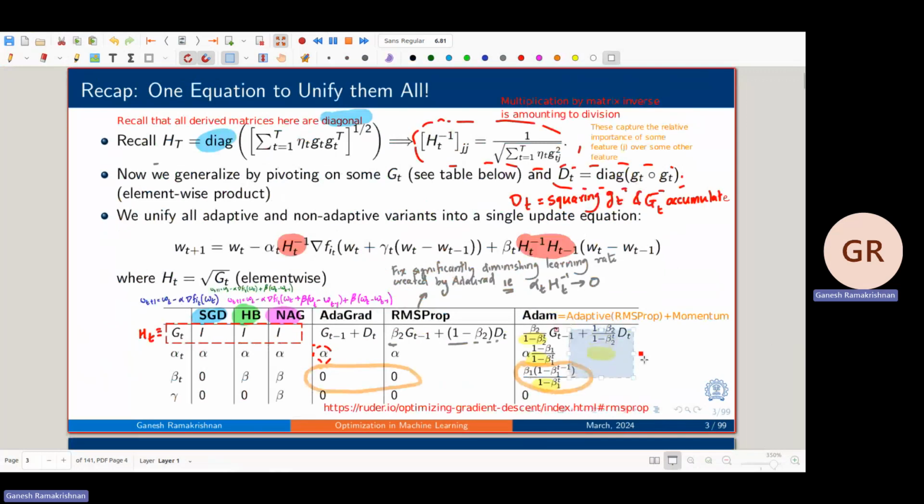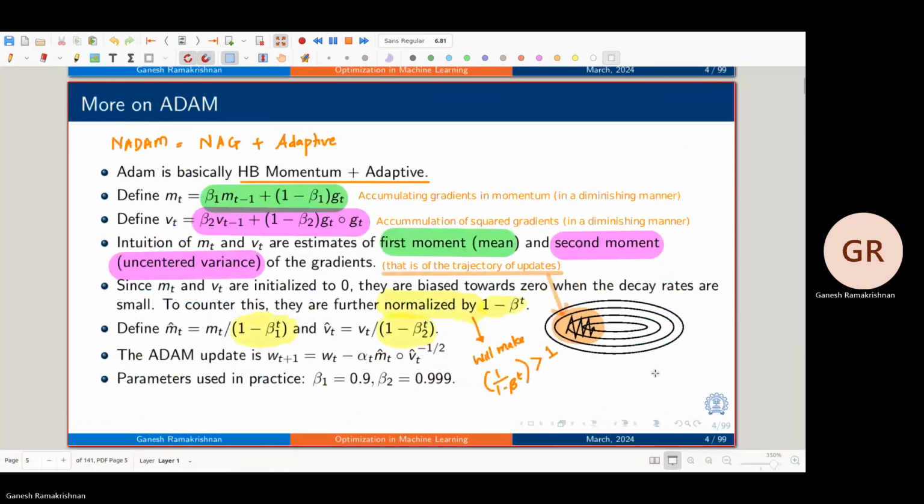And that reason is exactly this, to counter the biasing of the m_t and v_t, which are already initialized with 0. The decay rates can become small because of that, and therefore there's a normalization. So yeah, this is normalization, and the rest is very simple. It's basically this update is exactly otherwise the heavy ball momentum update.